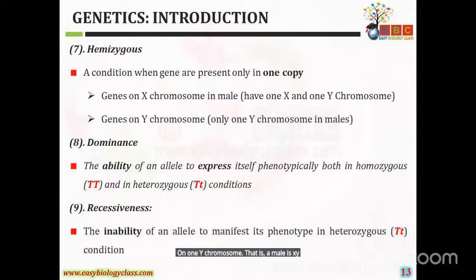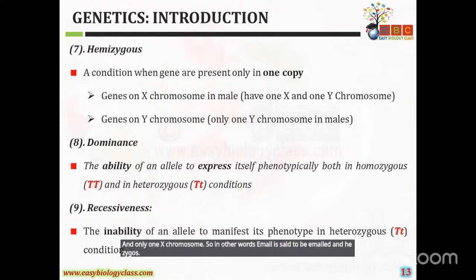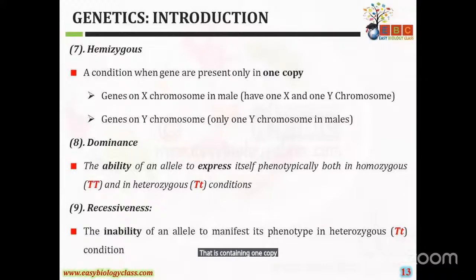And there is only one Y chromosome in males and only one X chromosome. So in other words, a male is said to be hemizygous. That is, containing one copy of the gene, not two. Like the X chromosome in a male is only one. Like the Y chromosome in a male is only one. So these are hemizygous. Okay?